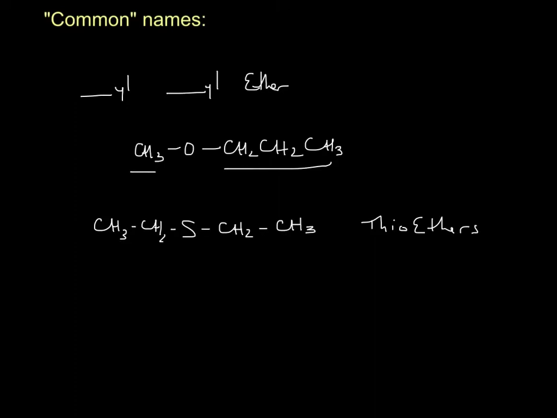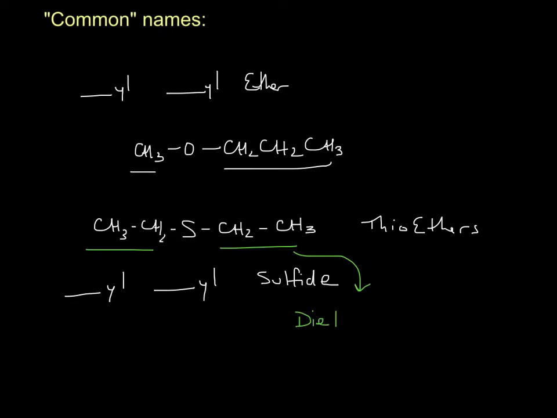So the way that we name a thioether is something on one side, something on the other side, sulfide. So for instance, in this case, we would have diethyl or ethyl-ethyl sulfide. An ethyl group on each side. So this would be diethyl, because there's just two of the same thing, sulfide.